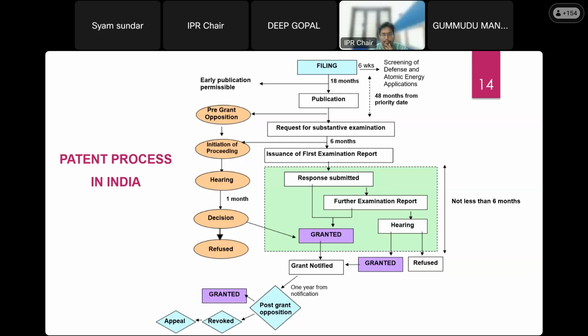PCT is the Patent Cooperation Treaty. It will protect your priority date in all the member countries of the treaty, which number 153.